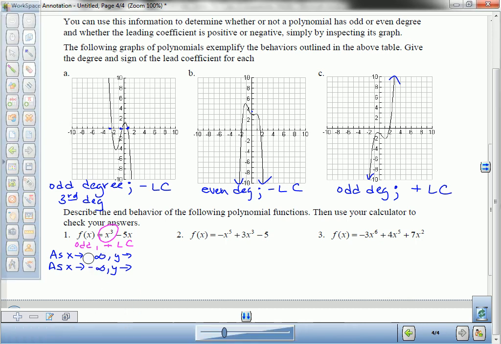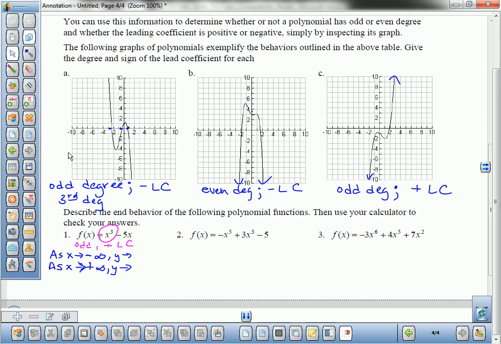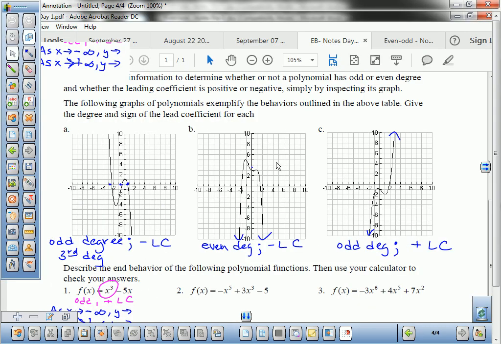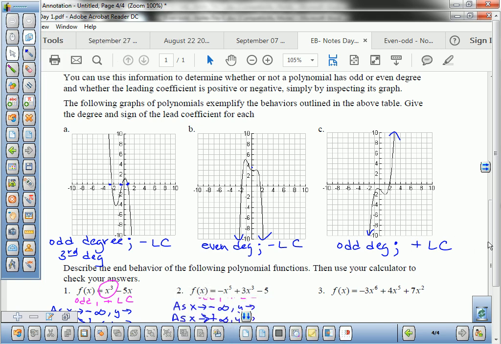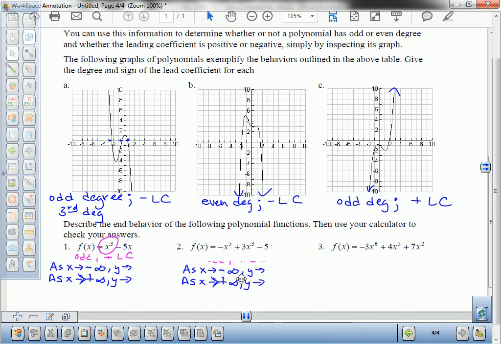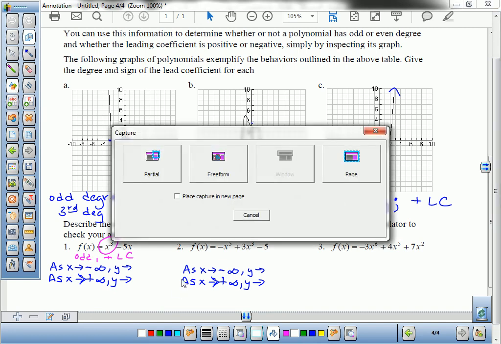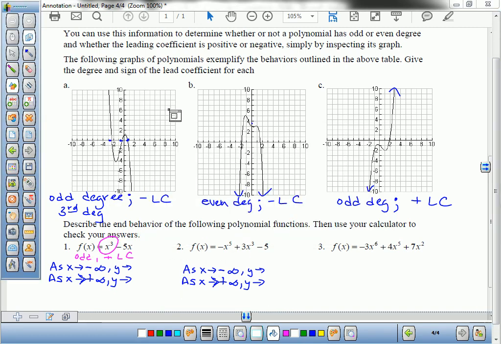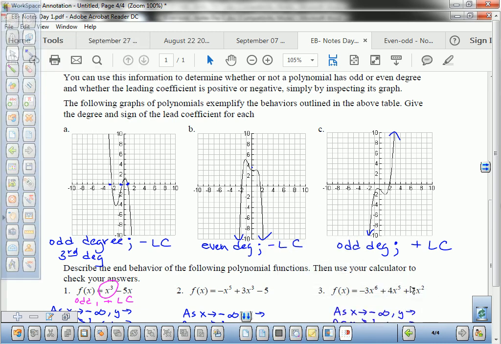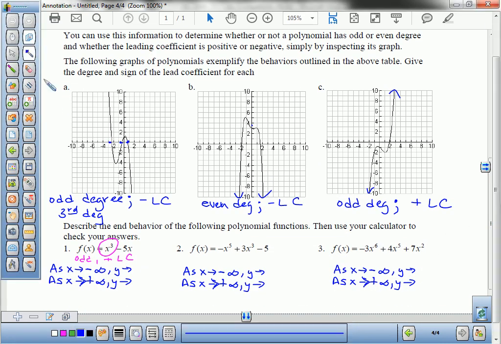I just made all of these go right to left. Okay, so odd and positive leading coefficient is going to fall to the left and rise to the right.